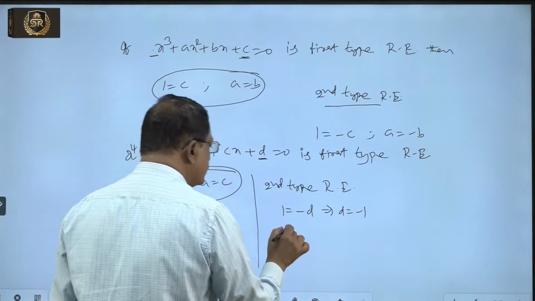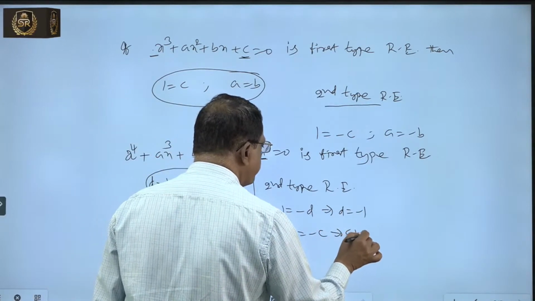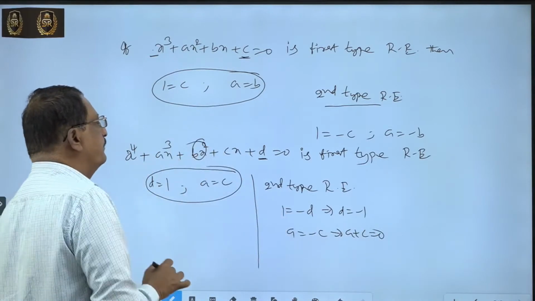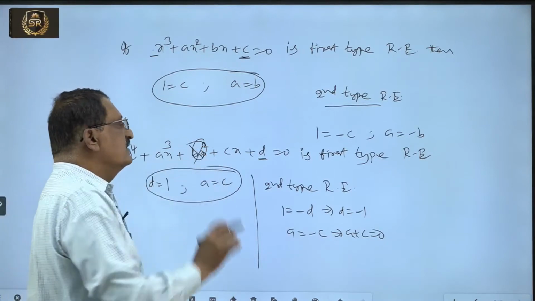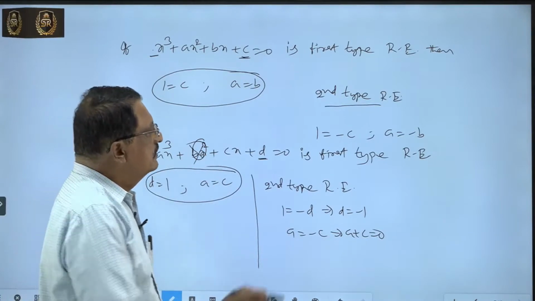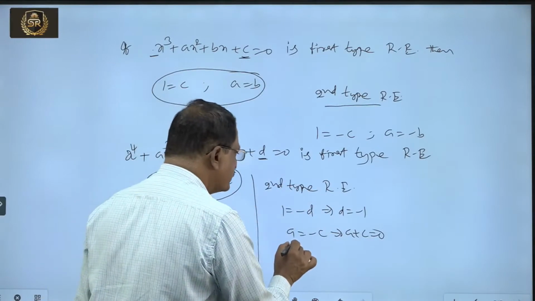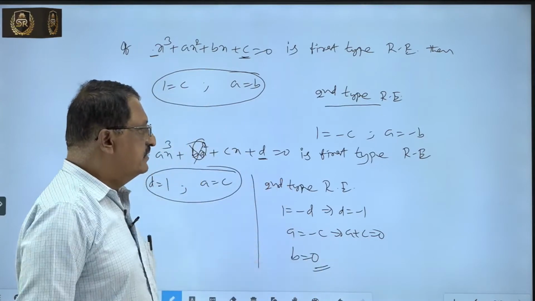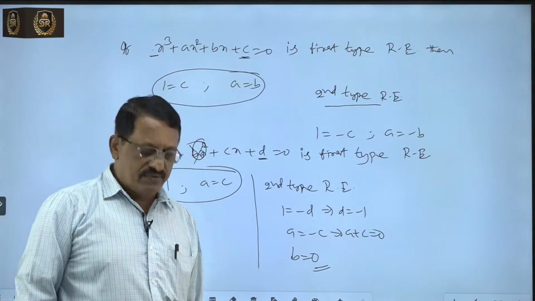Next, a equals minus c, or a plus c equals 0. And here we cannot have an x square term. If the x square term is there, it is not at all a second type reciprocal equation. Means b value must be 0. b equals 0 if it is a second type reciprocal equation.